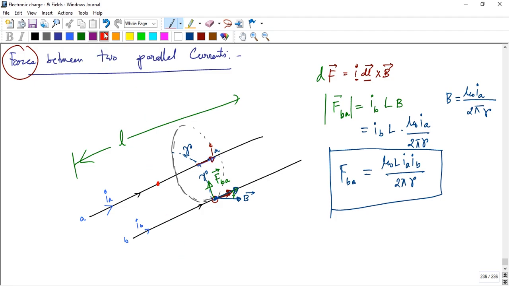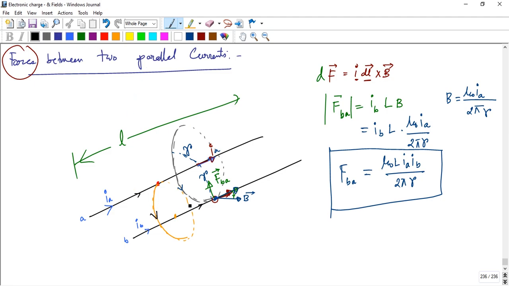So here we draw a circular path, and there's a center. Similar concept here. So B is in that direction, using the right hand thumb rule. Now here the current direction is the same, so obviously both B fields are in the same direction.